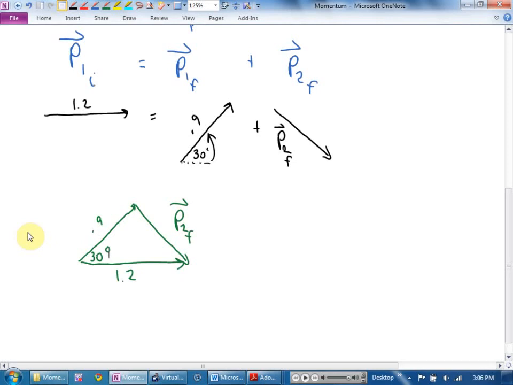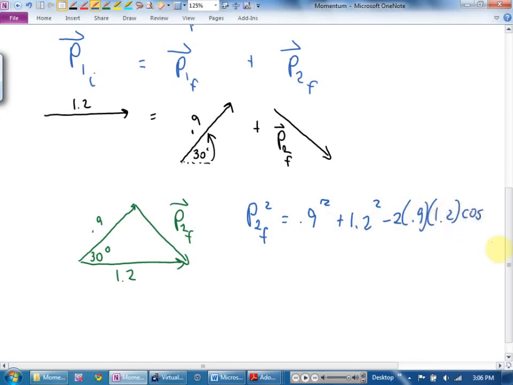How can I solve this? SOHCAHTOA? Cosine law. Momentum 2 final squared equals 0.9 squared plus 1.2 squared minus 2 times 0.9 times 1.2 cosine of 30. And then don't forget to square root.